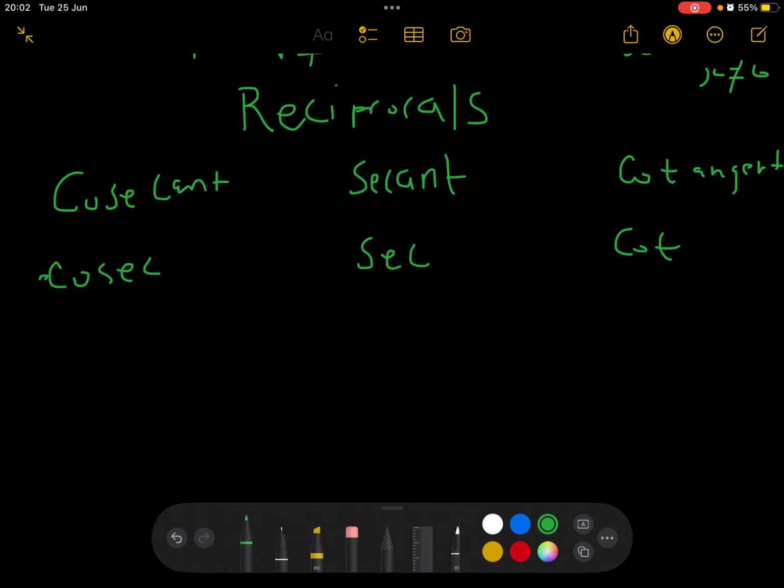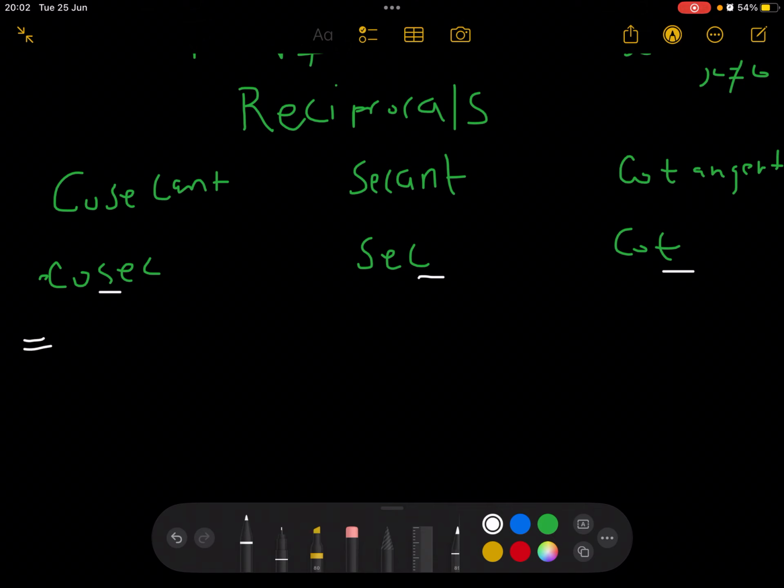The trick here with reciprocals is that we look at the third alphabet. This will tell us what has been divided, and here it's not a value, it's a function, that has been divided into 1.